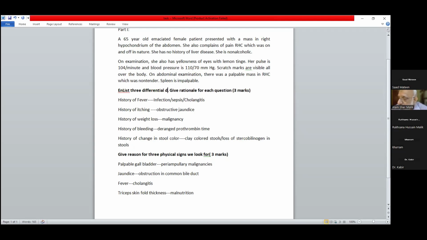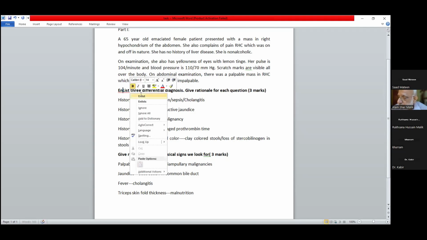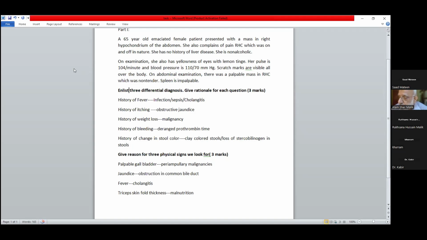Sir, my point is that we cannot ask about treatment unless we have come to a diagnosis. Yes, sir, but my question is that you said question number one should start from a broader perspective and then pyramid down. You are talking about dentistry? Yes, sir. Unfortunately, our knowledge is very poor in dentistry. But for example, I can think of a patient presenting with swollen gums and bleeding from the gums.